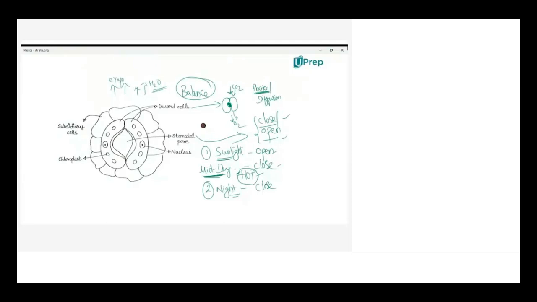This is loss of water by the plant or by the leaf. Because of this shrinkage, because of the continuous loss of water, the stomatal pore gets closed. When the pore gets closed, there won't be diffusion of gases and there won't be any photosynthesis. That's how the closing of stomata happens during hot climate.